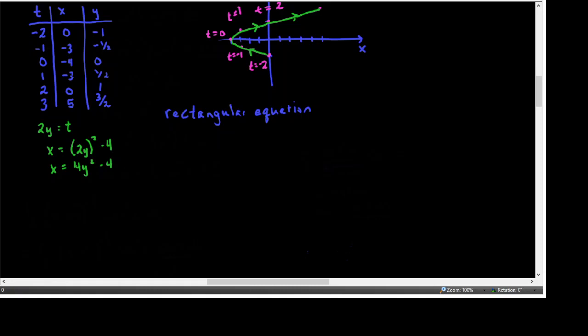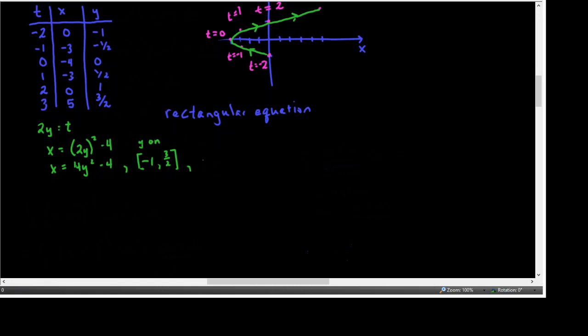The only way we could do that is to say, we'll use y values between -1 and 3/2 only. So y would be on the interval -1 to 3/2.